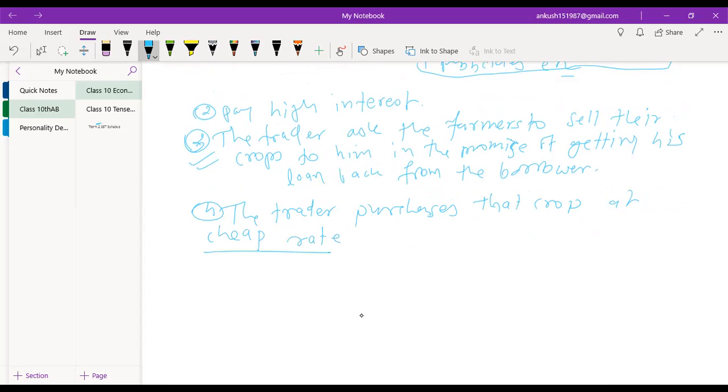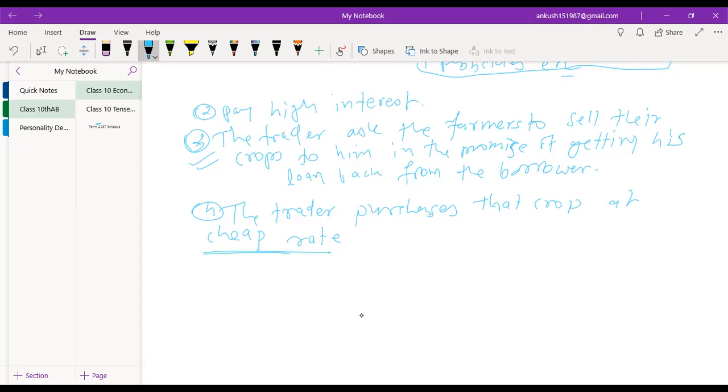Okay, at what rate? Cheap rate. I'm telling you the situation where the farmers and the landless laborers are trapped in debt, where such conditions are put before them. At that time, they can be trapped in debt. Understood?